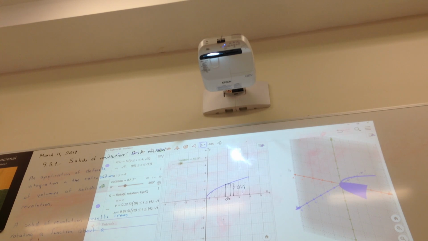So you just observe right now it's rotating the entire function about the x-axis such that a cone is going to be formed. Do you see that? Yes.